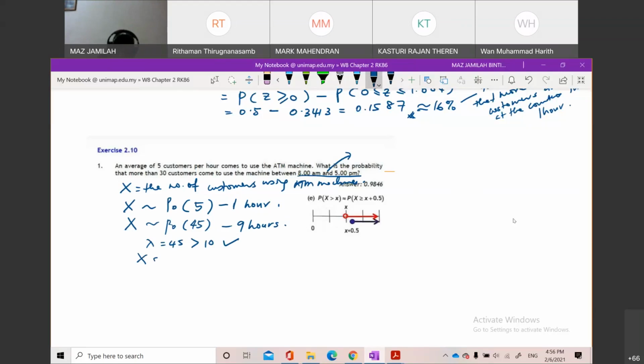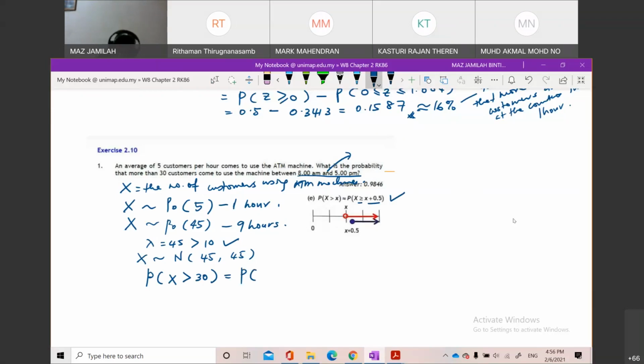X becomes normal, with lambda as the mean, that is 45, and the variance is 45. Now, what is the equation which asks more than 30? So X greater than 30. So do the correction factor, greater than or equal to, by adding 0.5.